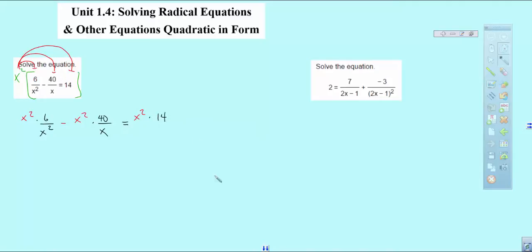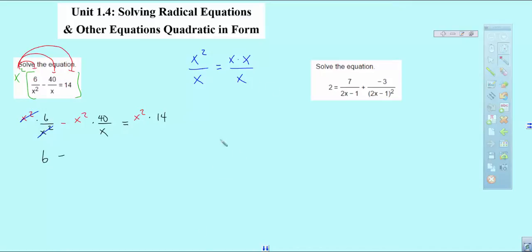So we come back through and we start simplifying and we see that we have an x squared on top and an x squared on the bottom. Those cancel, and that leaves us with 6. In this case, we have an x squared on top over x, which is really x times x over x.